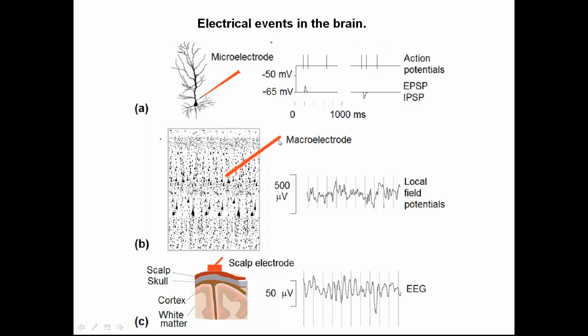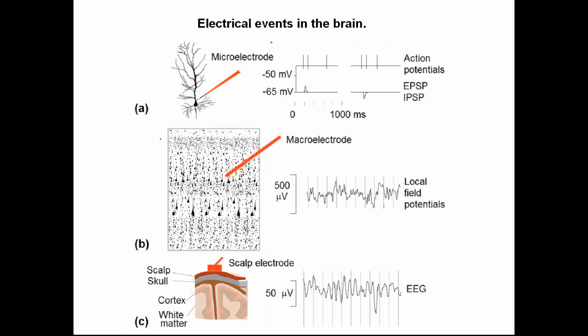But if you implant macroelectrodes in the cortex, then you can record local field potentials, which we did in our studies when we implanted electrodes in clinical psychosurgery. And you can also record the EEG and event-related potentials from the skull, simply by placing metal electrodes on the skull.